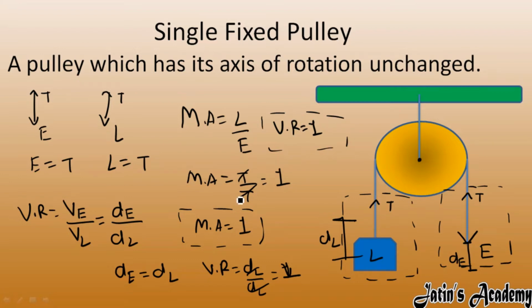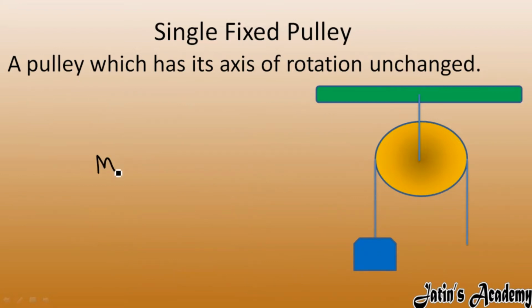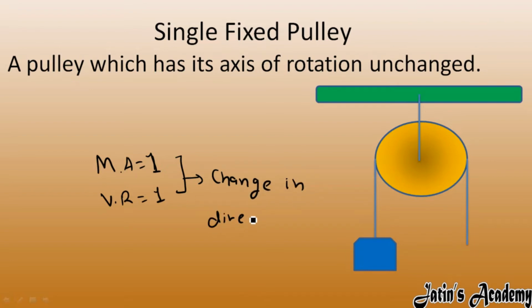Now carefully see, when mechanical advantage is 1 and velocity ratio is 1, which machine is this? This is the machine in which there is no speed gainer, no force multiplier, only there is a change of direction of force. So this machine acts as a change in the direction of force to a convenient point.